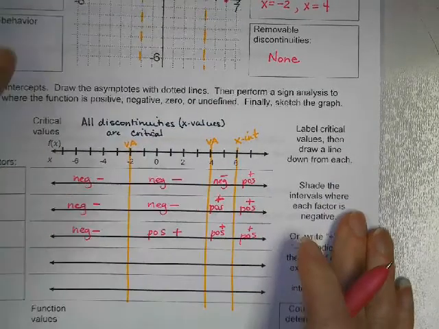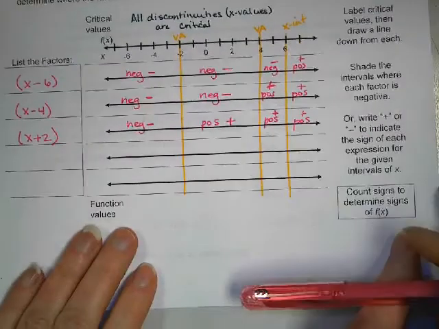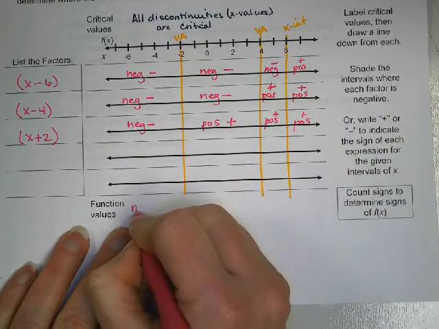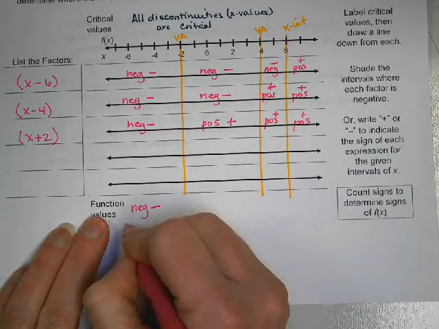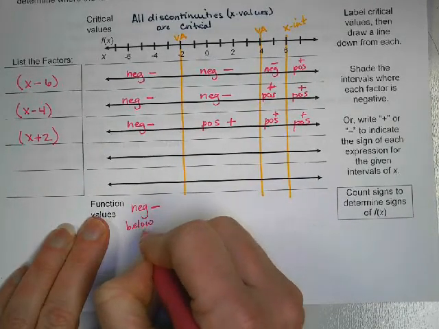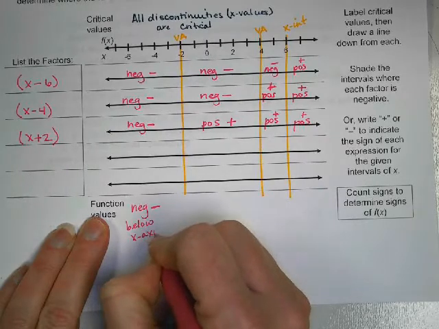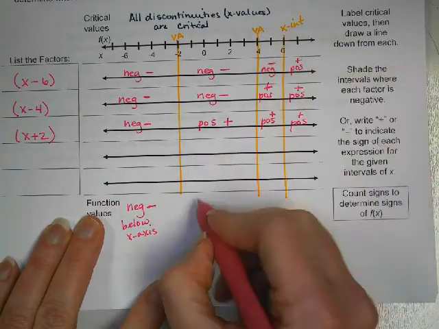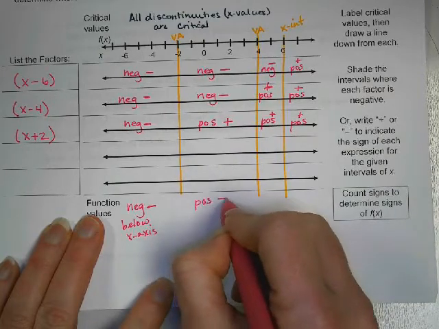All right, so now, if I look down and see what does that cause my entire function to do? A negative times a negative times a negative is a negative. That means this portion of the graph is below the x-axis, where the negative numbers are. A negative times a negative is positive times a positive is positive.